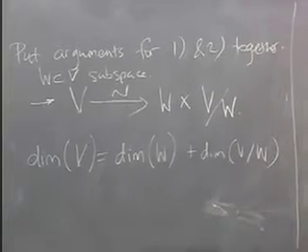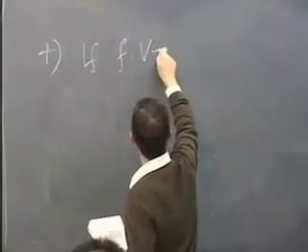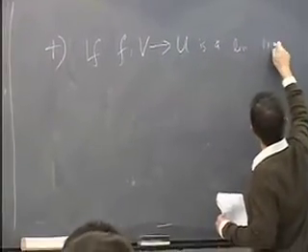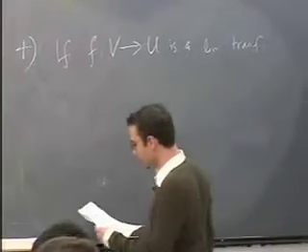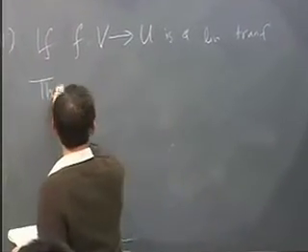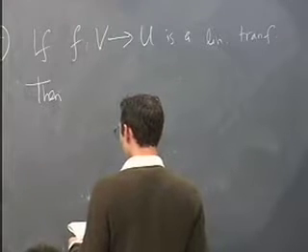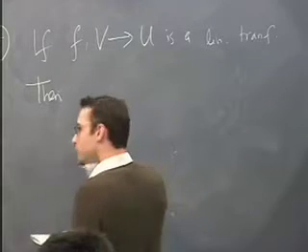So on a general linear map, if f: V to U is a linear transformation, then two things are true.